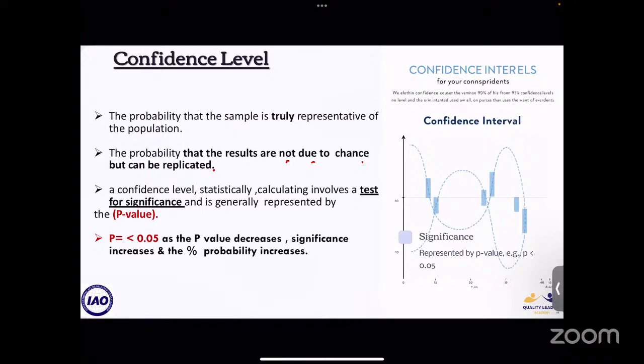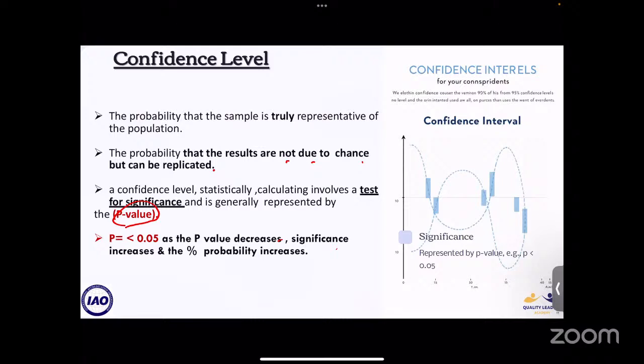So how is confidence level expressed? It is measured using the p-value. A small p-value indicates that the results are more likely to be true and not due to chance. The smaller the value, the higher the probability that the results are based on reality rather than random occurrences.